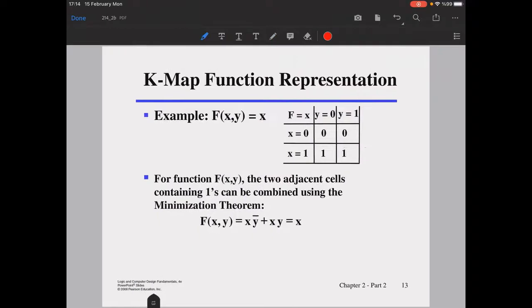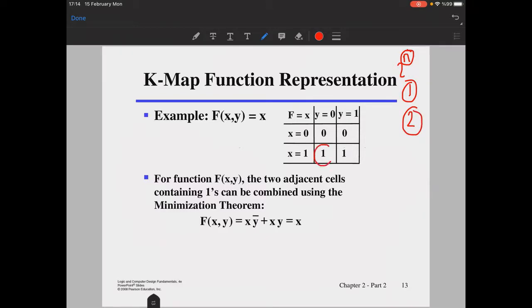Let's take a look at an example here. As you remember, we can combine them in squares of size 1 and size 2. My size 1 squares are this one and this one, from the index, since I'm talking about minterms here, as in the previous lecture.